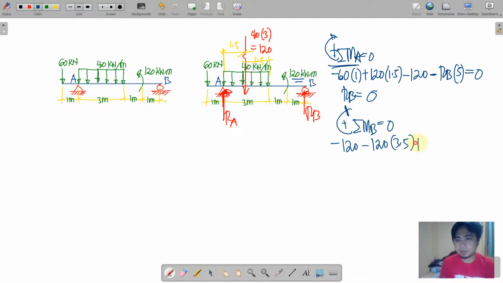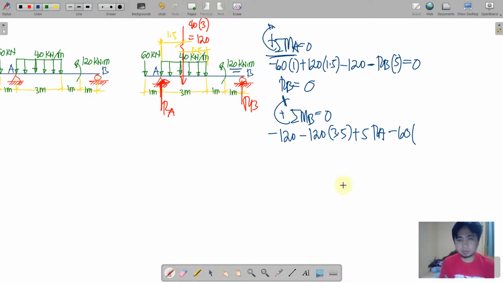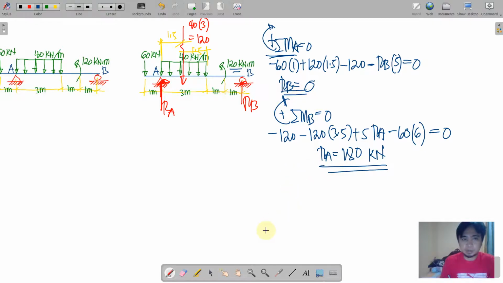Plus 5 RA minus 60 times 6. This is equal to 0. So computing for RA, it is really equal to 180 kilonewtons. So this will be our answer. Okay.